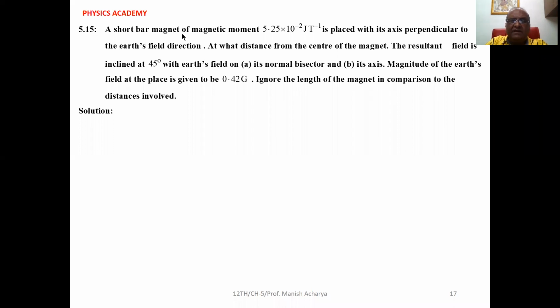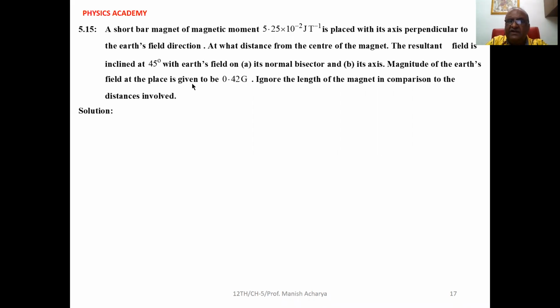15. A short bar magnet of magnetic moment 5.25 into 10 raised to minus 2 joule per Tesla is placed with its axis perpendicular to the Earth's field direction. At what distance from the center of the magnet is the resultant field inclined at 45 degree with Earth's field on A, its normal bisector, and B, its axis?